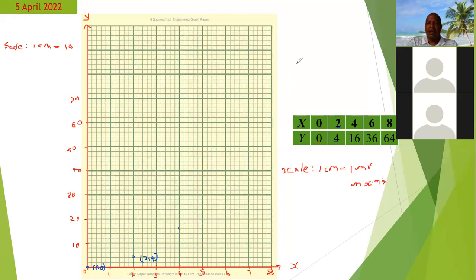Right? And so now you would highlight your points. And then now you could label your point with your coordinates.